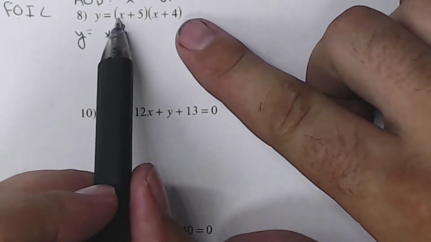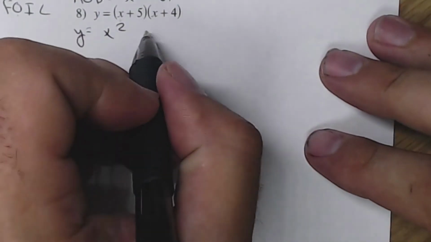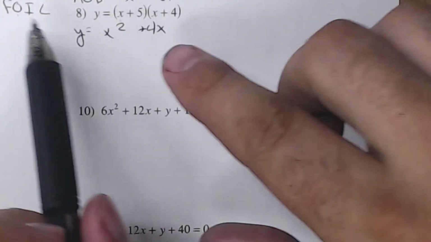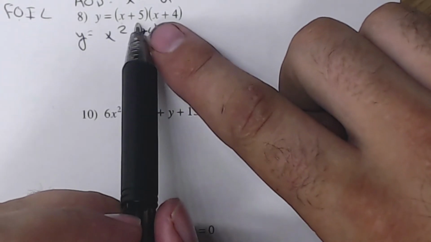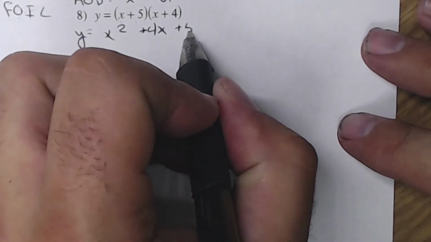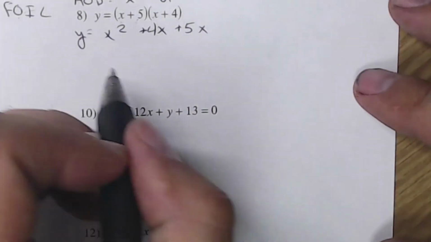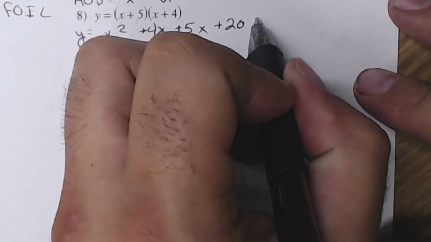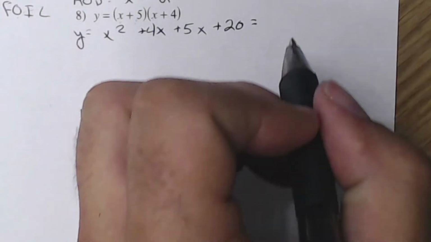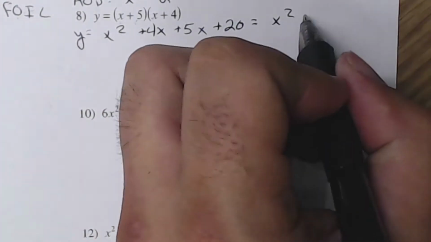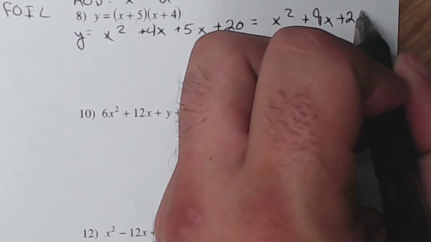Outer, the outer two things, is x and 4, plus 4x. I is inner things, 5 and x. And last in both sets of parentheses, 5 times 4 is 20. I'll write this off to the right. That's x squared plus 9x plus 20.